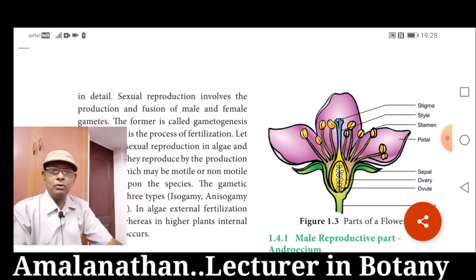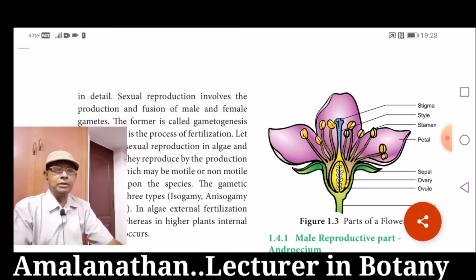Out of these 4 floral parts, calyx and corolla are considered as accessory whorls or non-essential parts of a flower because they are not involved directly in the sexual reproduction.